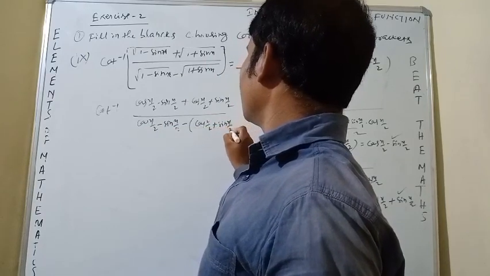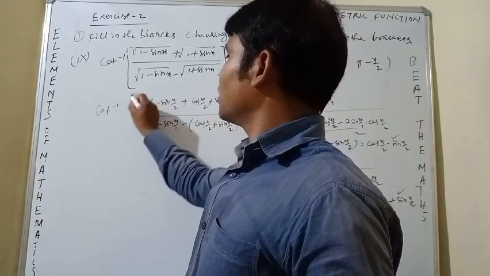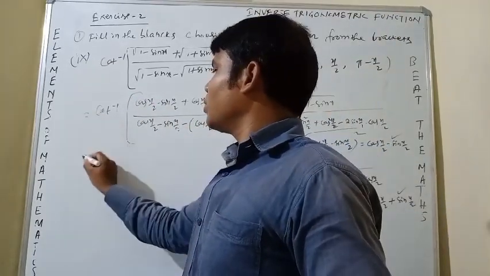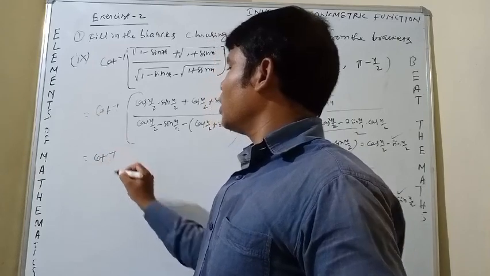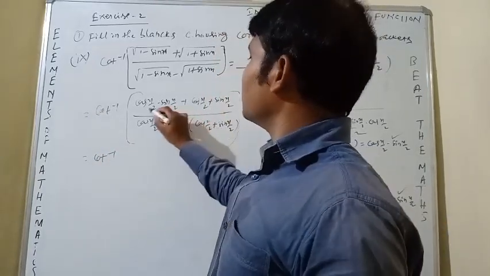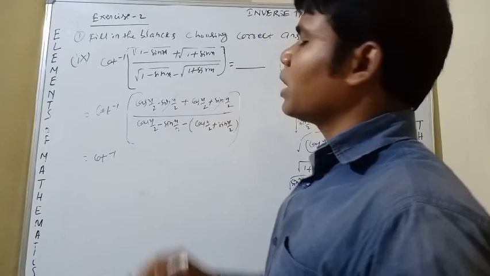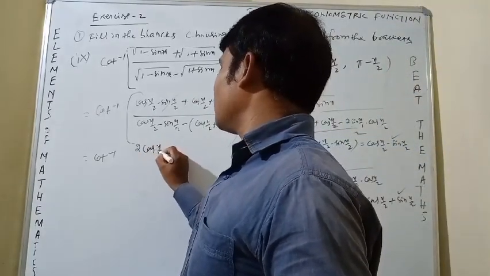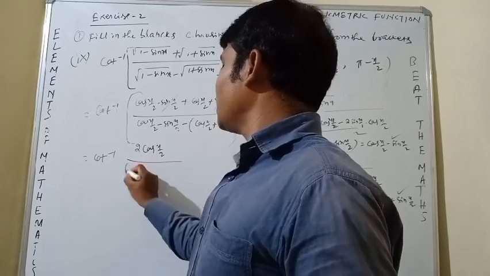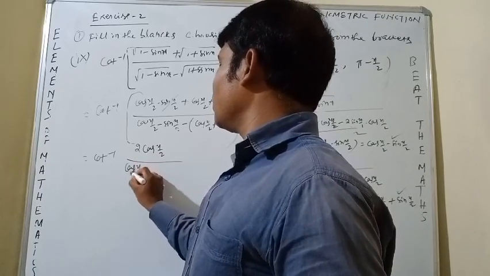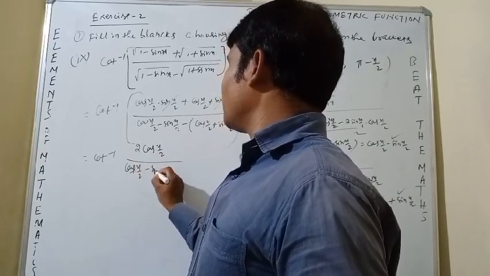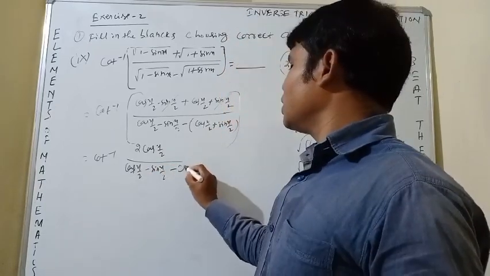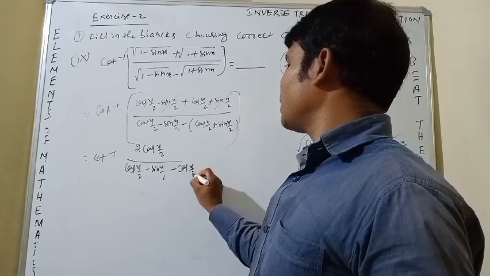Is equal to how much? Cot inverse, you see minus sin x by 2 plus sin x by 2, these two will cancel out. This is 2 cos x by 2 divided by cos x by 2 minus sin x by 2 minus cos x by 2 minus sin x by 2.